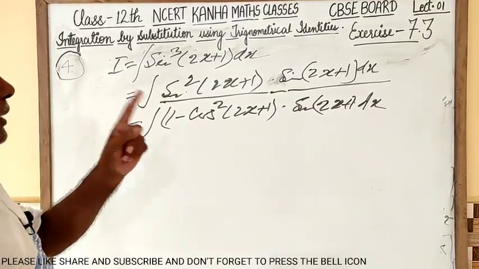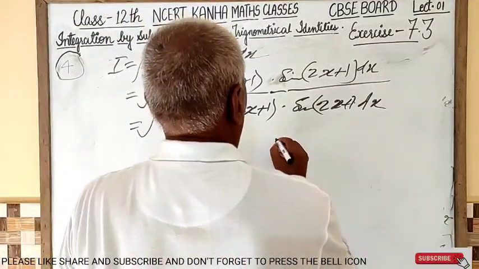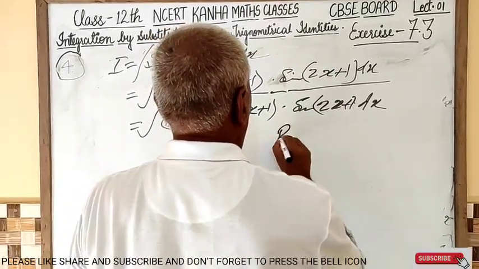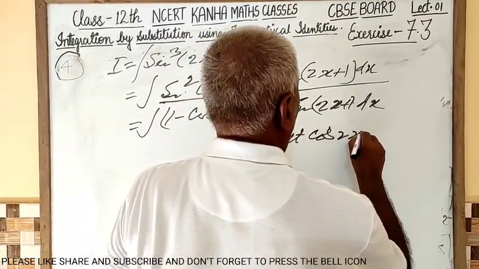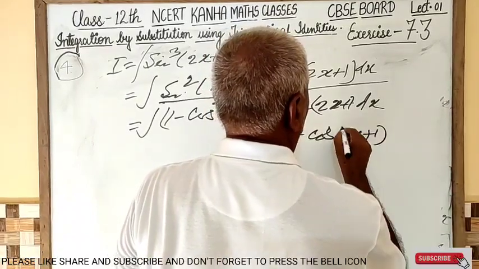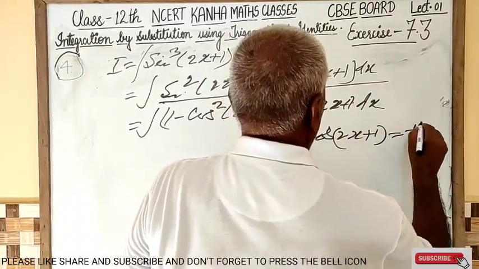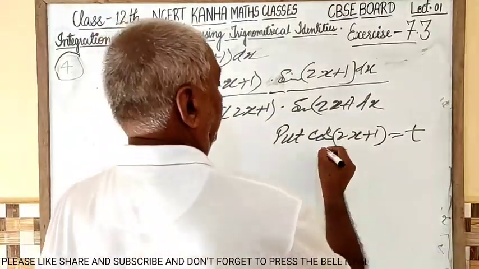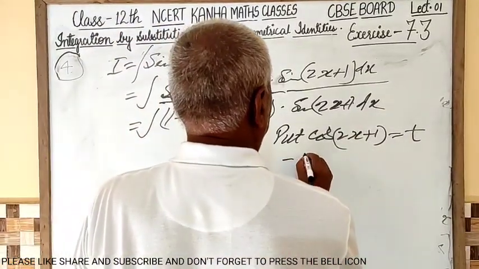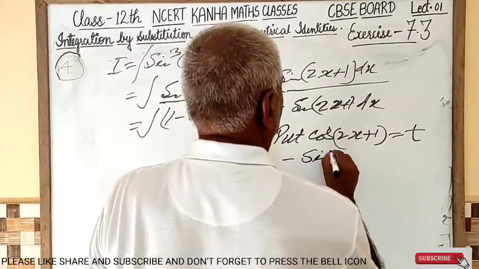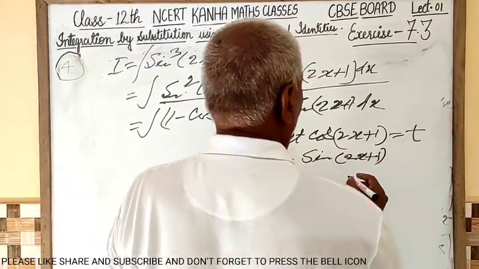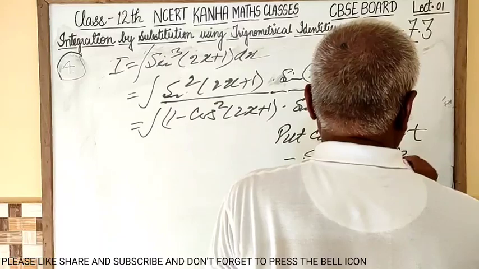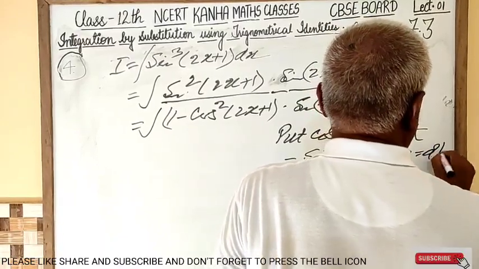By the former method, put cos(2x plus 1) equal to t. Then the derivative of this will be minus sin(2x plus 1) dx equal to dt.